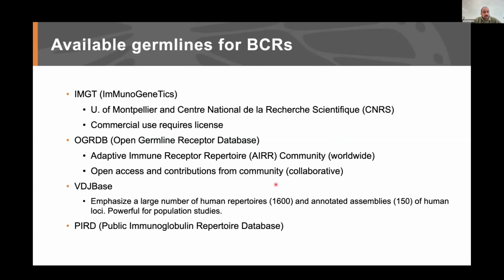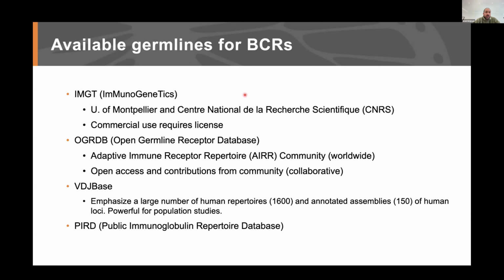We looked for available germlines for BCRs, and I focus on the first two. IMGT is the most mature, but it is maintained by only two institutes, and it has a license for commercial use.